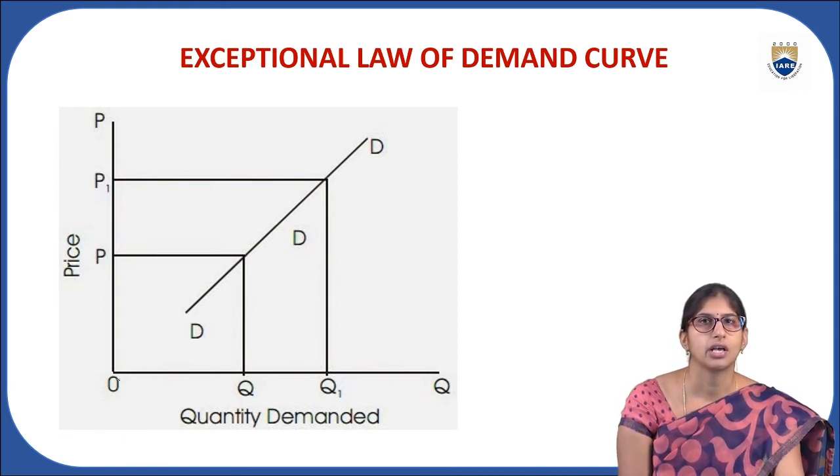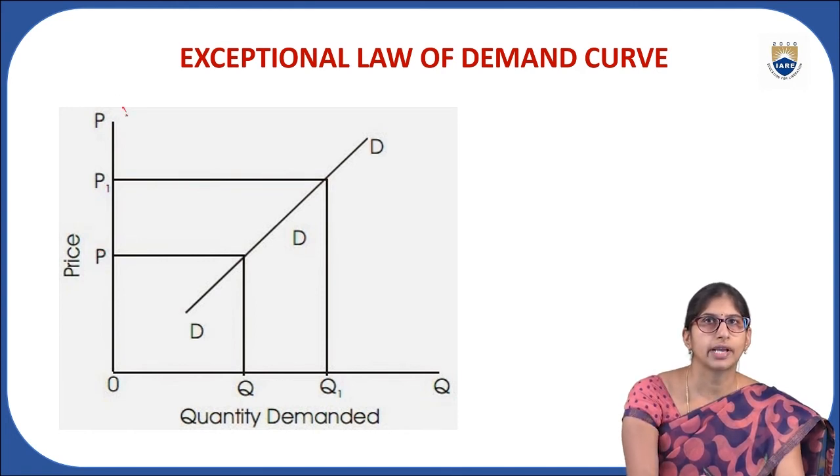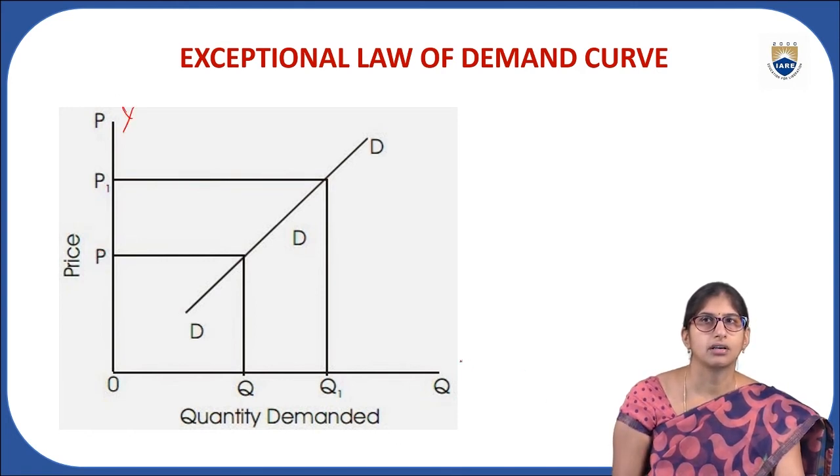The same: price on the y-axis and quantity demanded on the x-axis. When the price is P, the quantity demanded is Q.